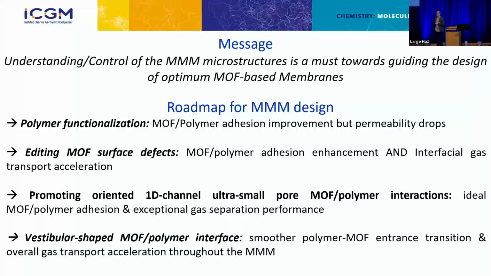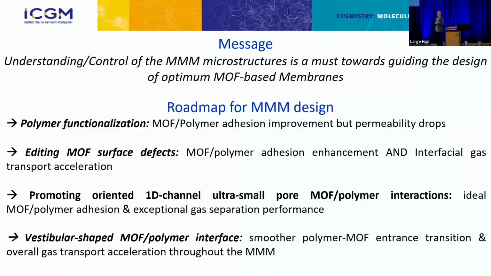Just to conclude, the idea of this talk was to tell that we really need to understand what's going on at the MOF polymer interface. We need this fundamental understanding to guide the experimental work towards a more elaborate MMM. With polymer functionalization, we get improvement of adhesion but a permeability drop.